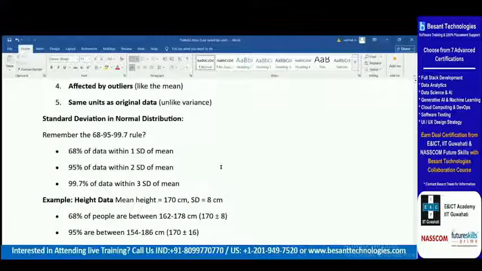Within two standard deviations of the mean means your values are up to two standard deviations away from your mean on both sides. On both sides means we saw that bell-shaped curve, the left side is one side and the right side is the other. Two standard deviations away means two standard deviations, and one standard deviation away means one standard deviation.